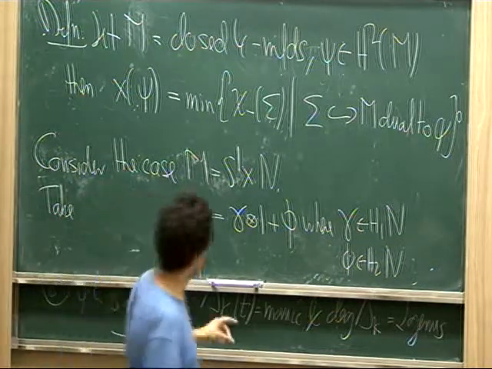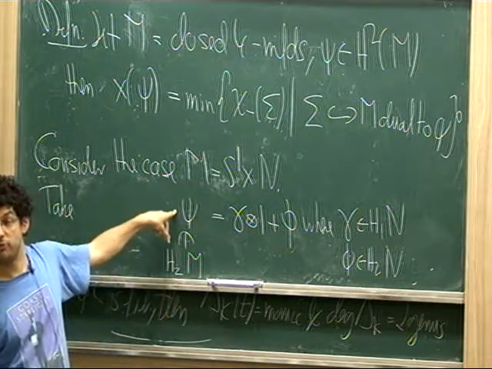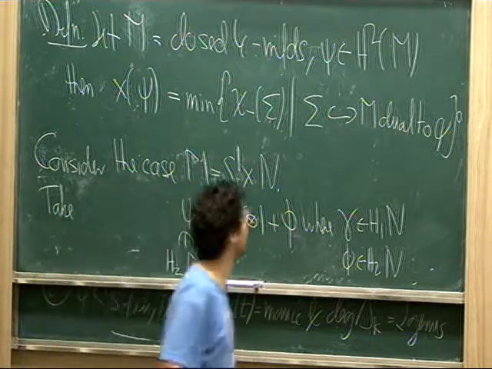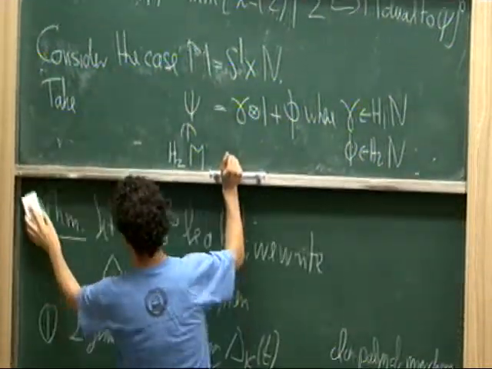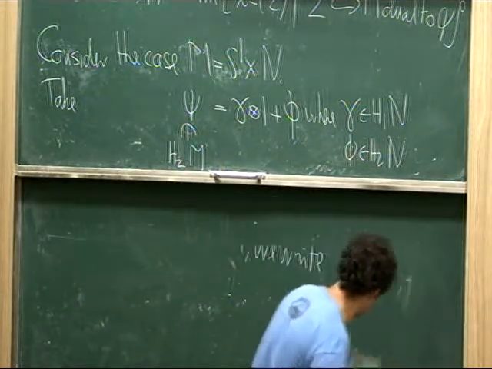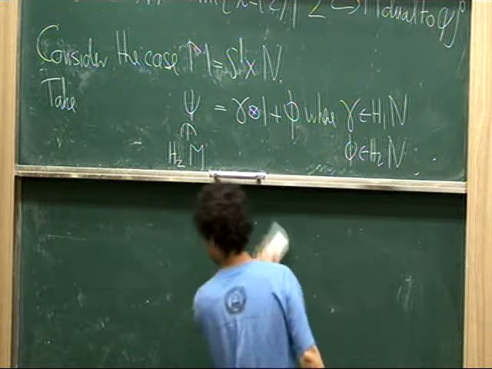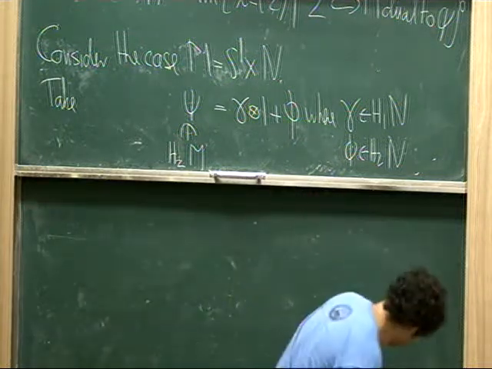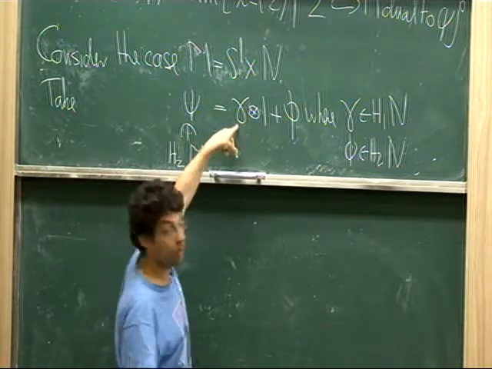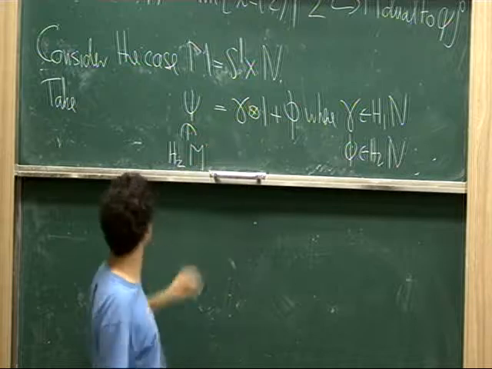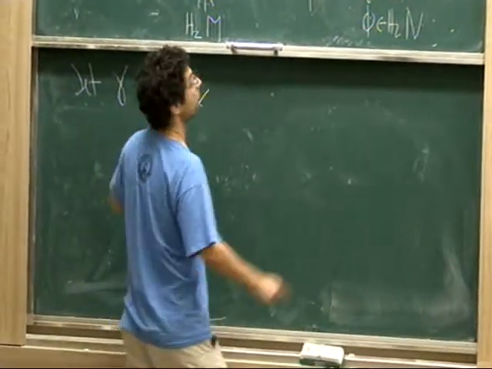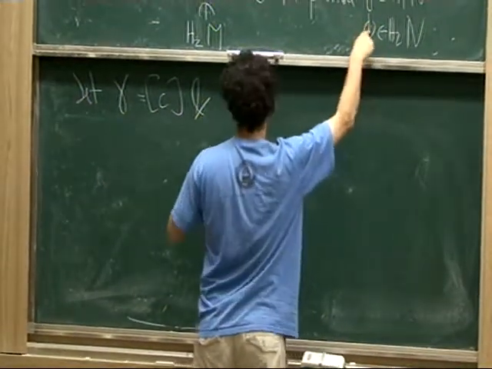And now let's try to produce a surface representing C out of what's given there. So let's take a curve c which represents gamma, and let's take a surface sigma in N representing phi.